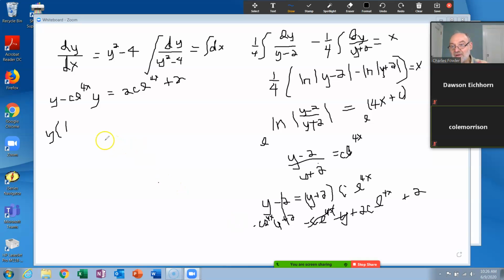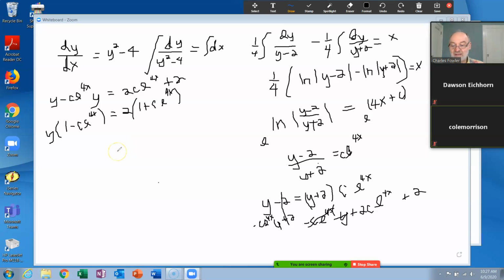So that was a minus there. And so this is a minus c e to the 4x, close parentheses, and that's equal to, now I'm going to factor out the 2 here, 2 times, I'm going to reverse the order and make it 1 plus c e to the 4x. That's an x. It's an ugly x.